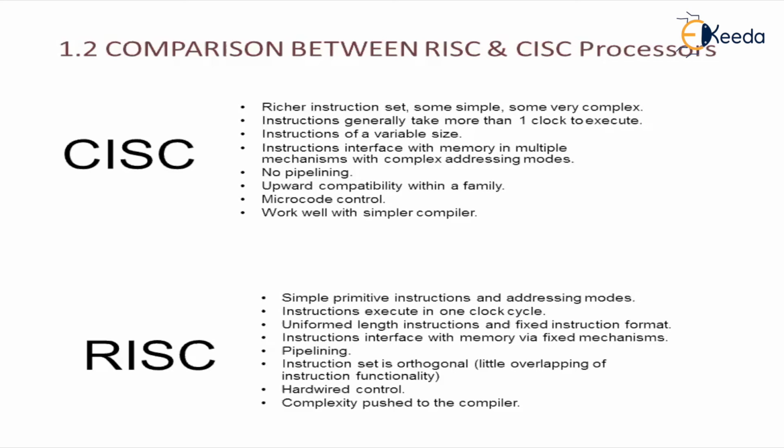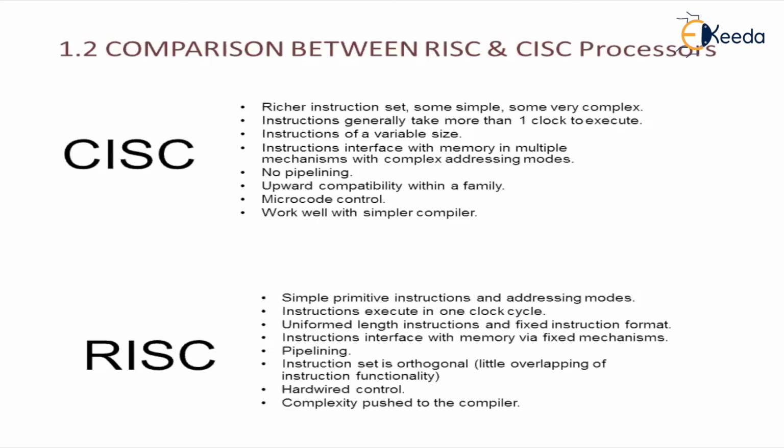And here, there was no pipelining being used. You execute one instruction, you get the output, then you go and execute the second instruction. Simultaneous execution was not allowed. It had only upward compatibility with the processor family. And it was coded on microcode.